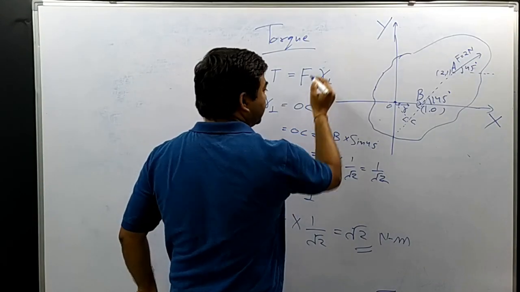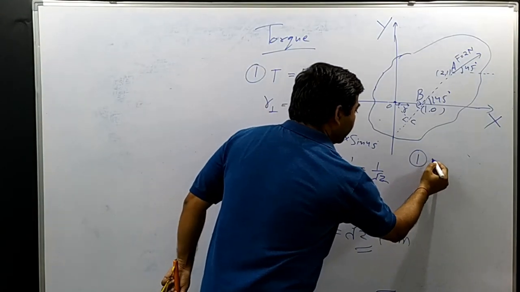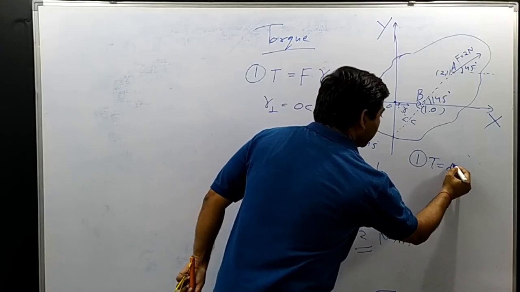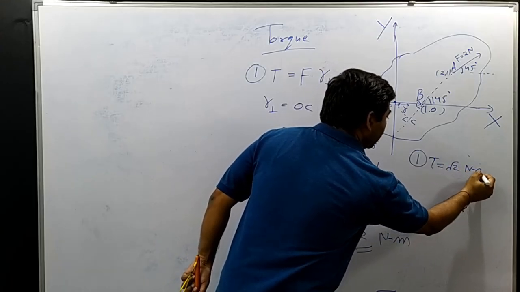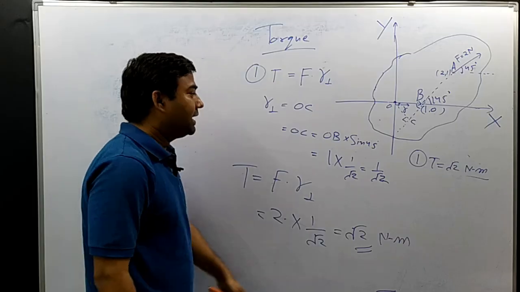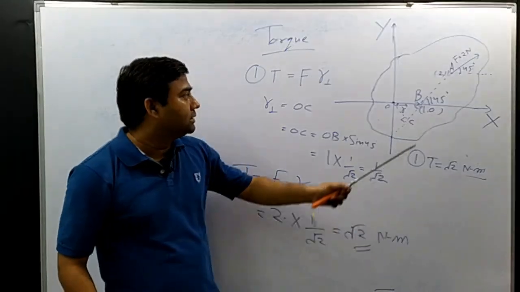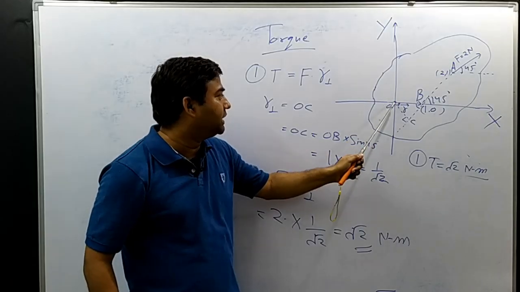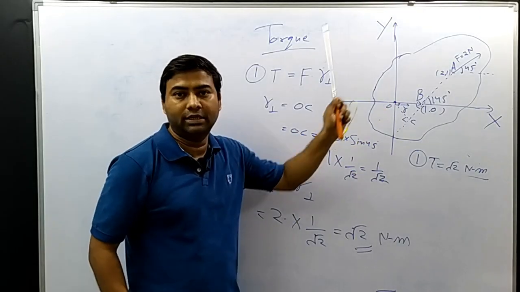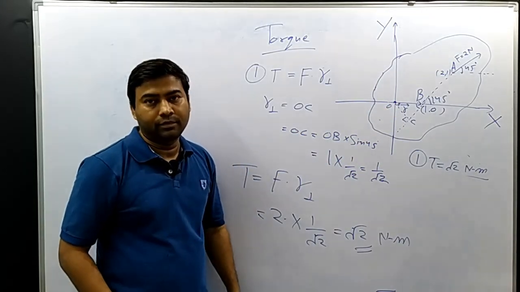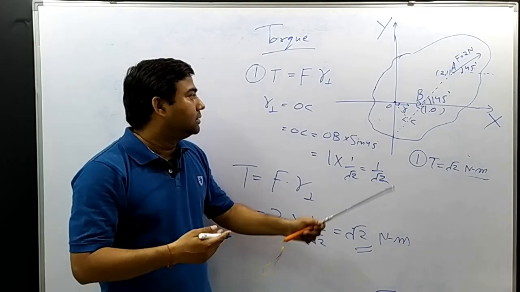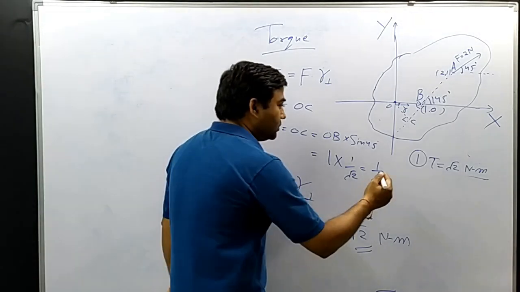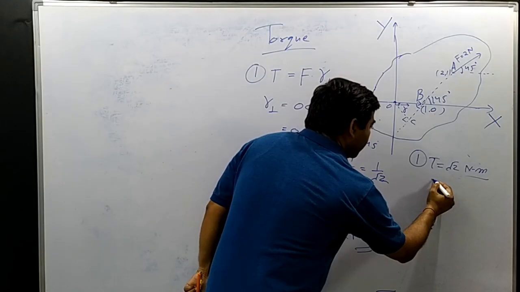So this is our first result: T is equal to root 2 Newton meter. And what will be the direction? This force is trying to rotate the whole body about point O in the anti-clockwise direction. That means positive direction, so anti-clockwise is positive.